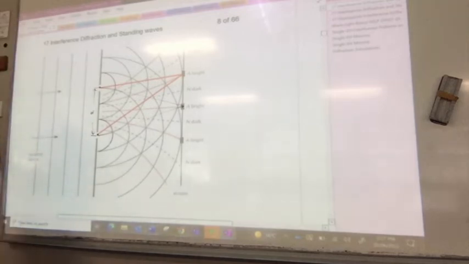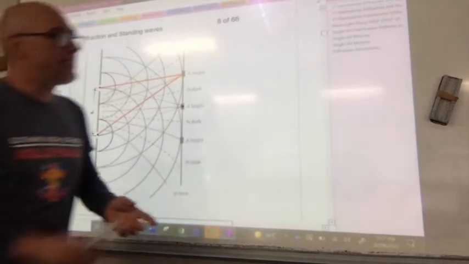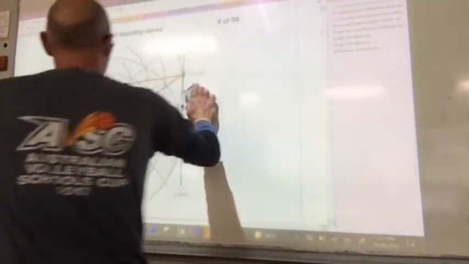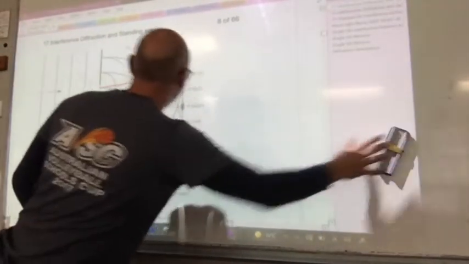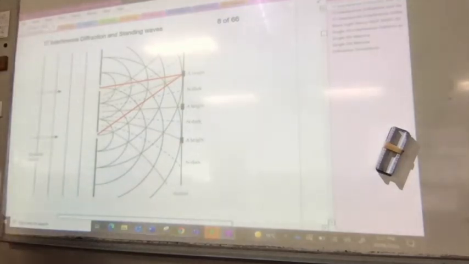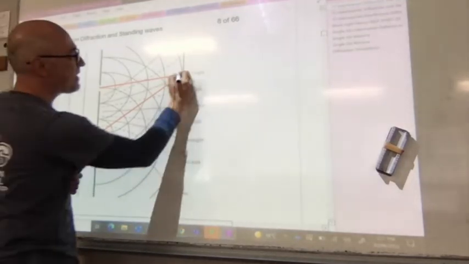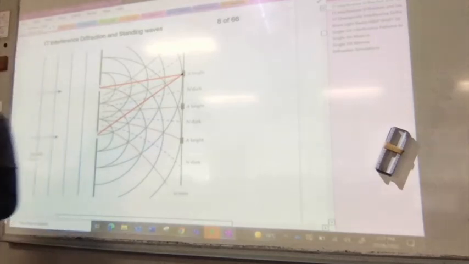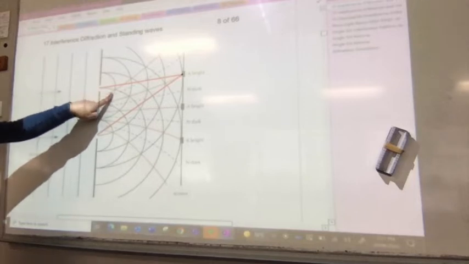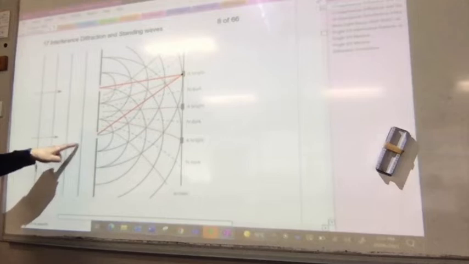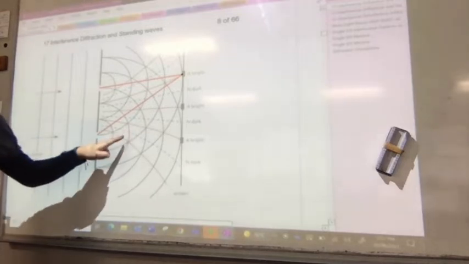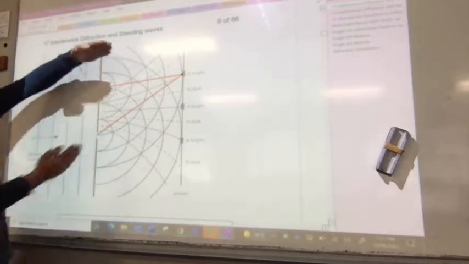Now, where it gets a little bit more interesting is, let's say we go over to the next bright band, right here. What you're really looking at is the first wavefront arriving at the same time as the second wavefront from this one, because you're going on an angle.